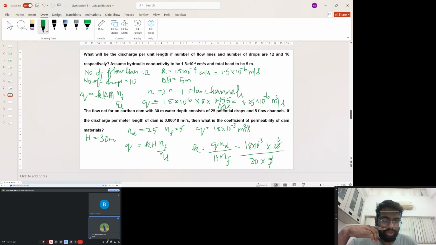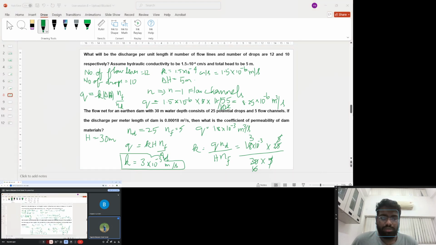Now this will be 5, this will cancel as 6, and this will cancel as 3. So K will be 3 into 10 power minus 3 meter per second. Any doubts?